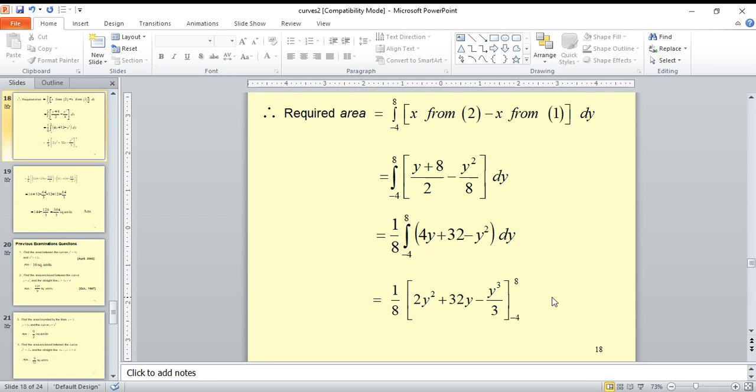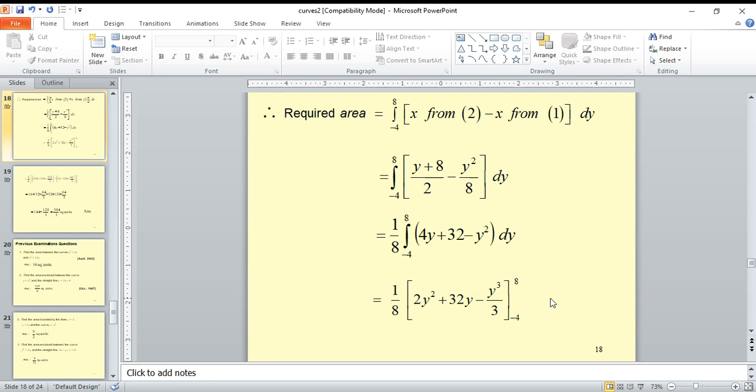Simplify this. Cross multiply. LCM is 8.